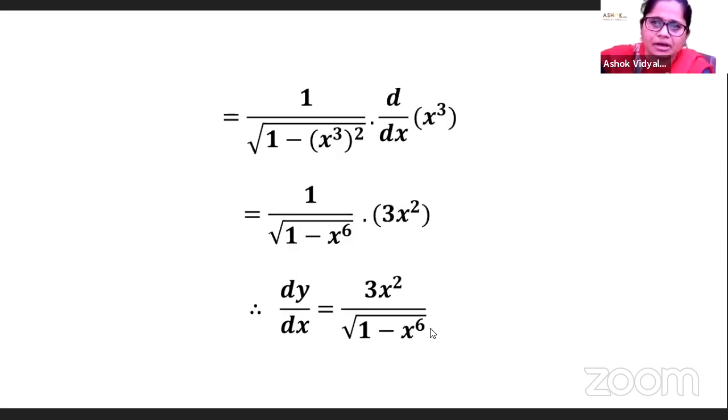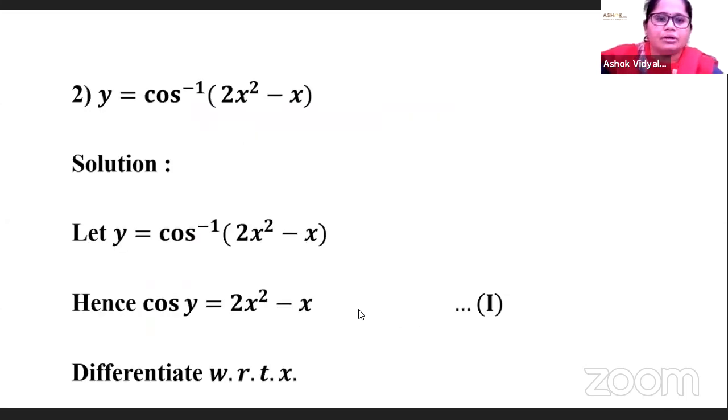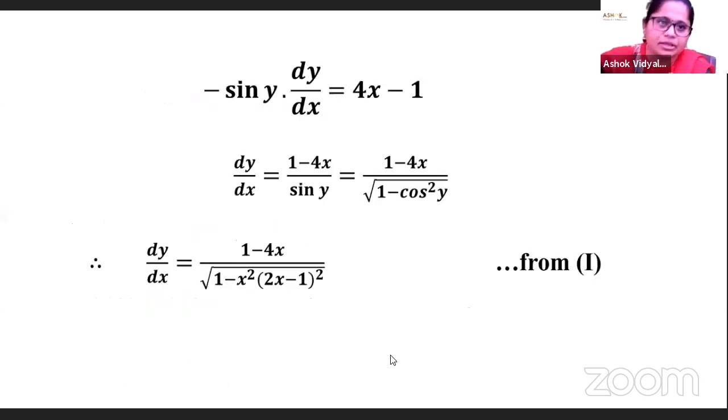This is our derivative. Now the next example is y is equal to cos inverse of 2x square minus x. Here we express this function in the form cos y is equal to 2x square minus x, and take this as equation number 1. Differentiate this function with respect to x.